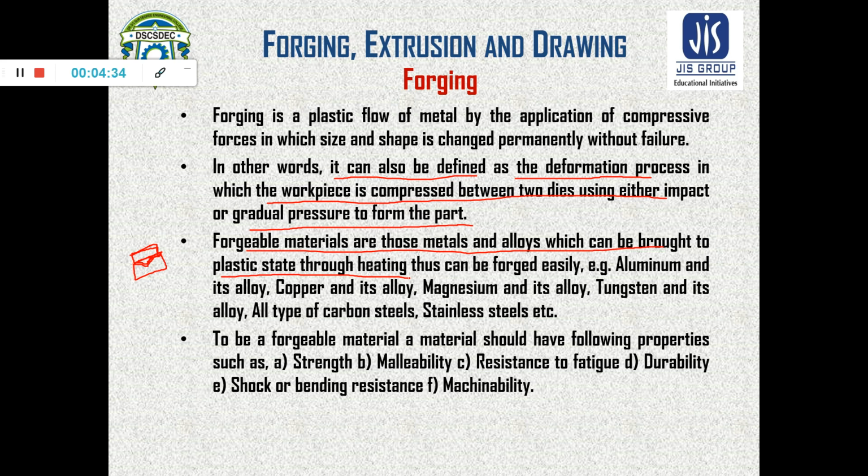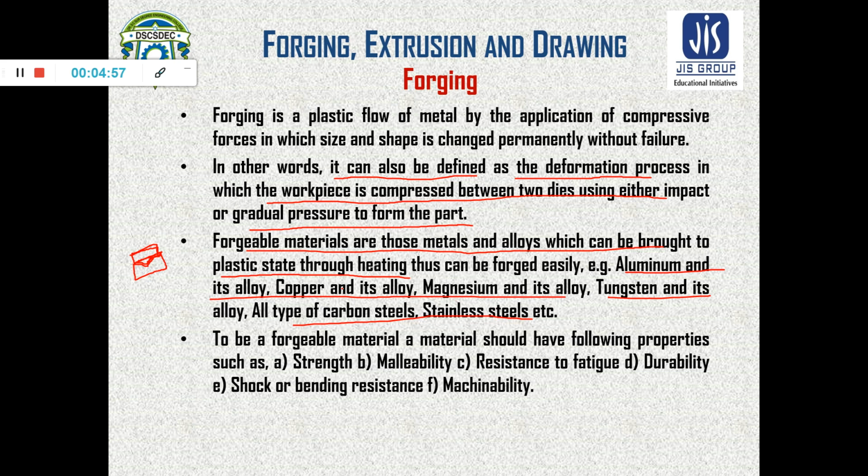This is the whole concept of forging. Now we will see the generally used forgeable materials: aluminum and its alloys, copper and its alloys, magnesium and its alloys, tungsten and its alloys, and all types of carbon steels and stainless steels. These are the forgeable materials.